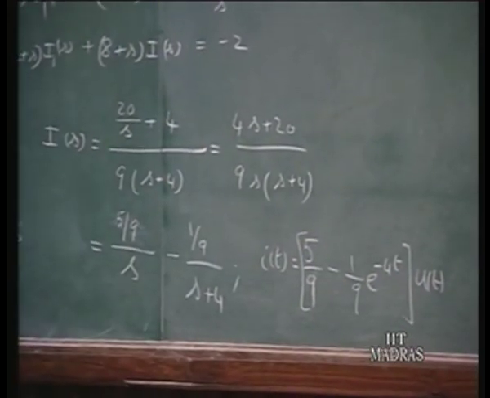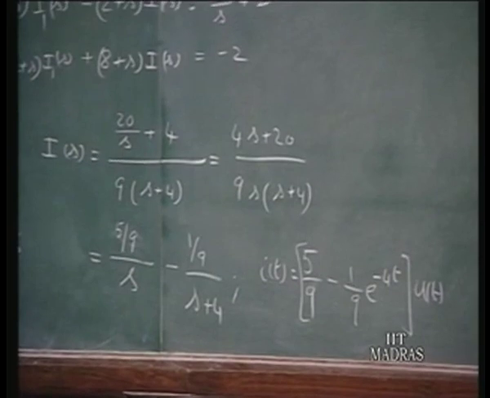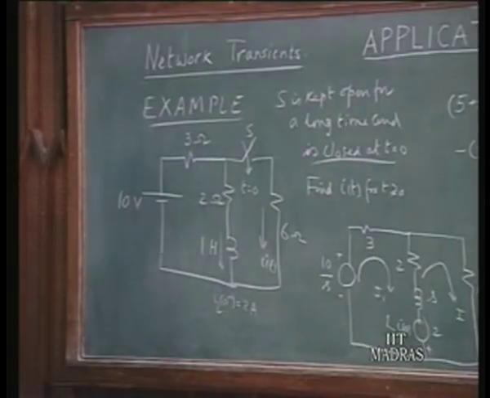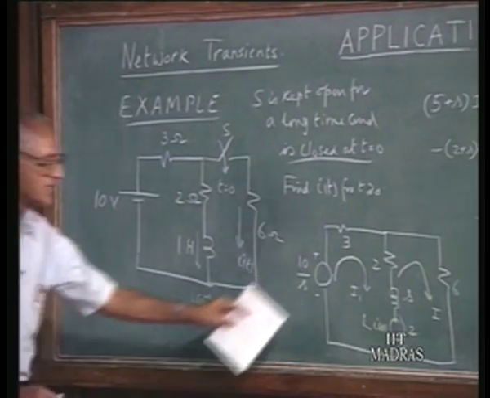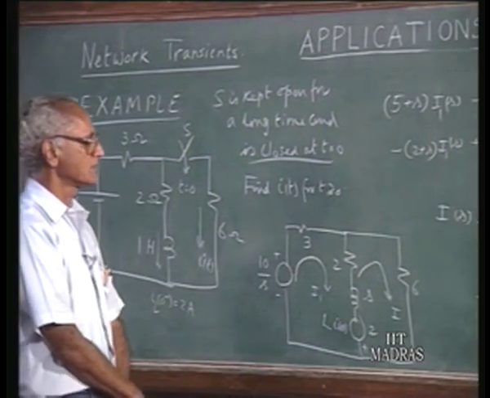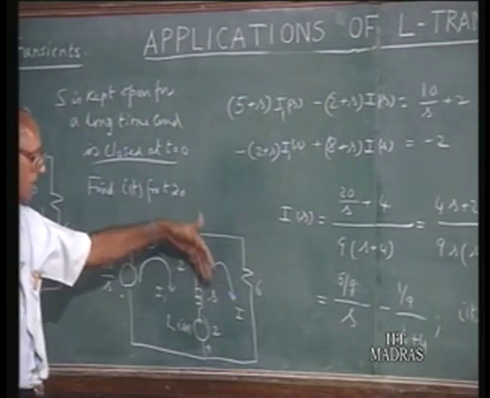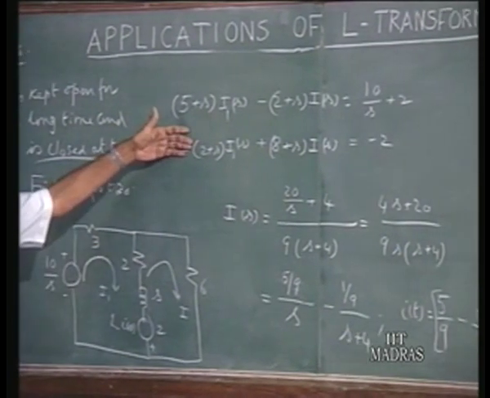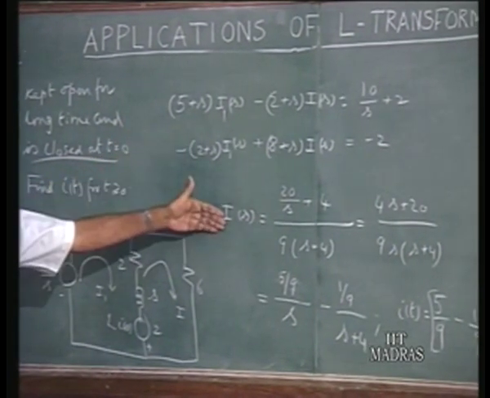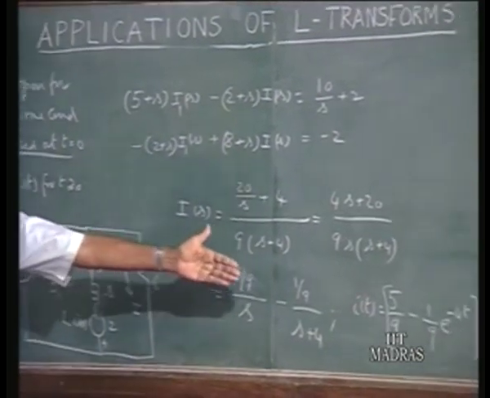So let us see what we have done. We started with this circuit diagram, replaced it by a transform diagram, and from the transform diagram you set up the algebraic equations pertaining to the transform diagram, and solve for the current I(S), the required variable, and find out the inverse Laplace transform.